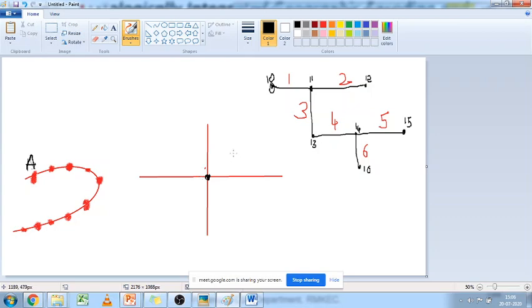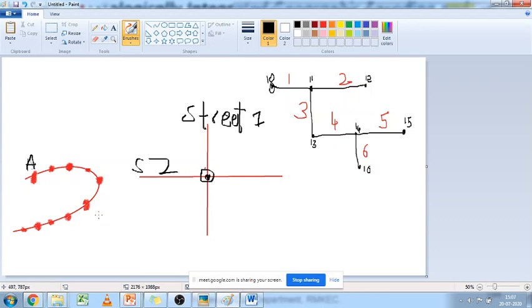Here we will take into consideration the nearby streets. Let's assume this is street 1, and this is street 2, I'll keep it as S2. This is the node which we are trying to plot. So this is how a point area will be represented.